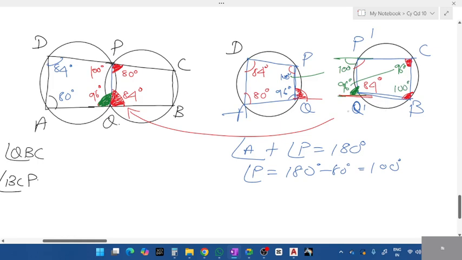Check the answer in the textbook. Is it correct? I've used the exterior angle concept, students.